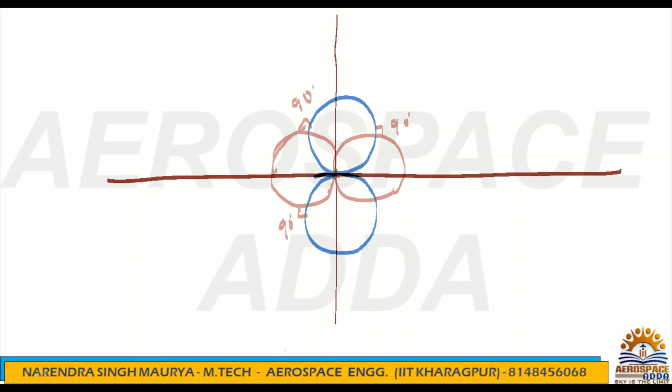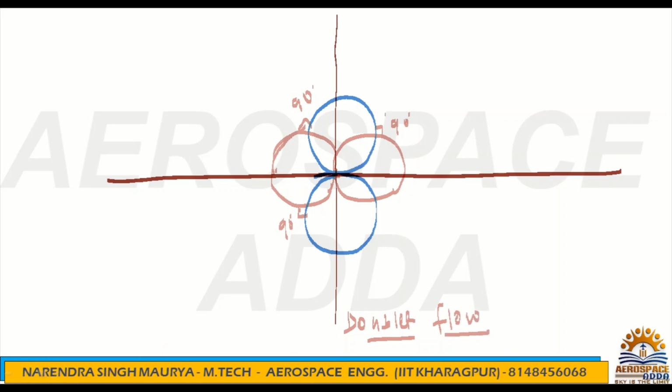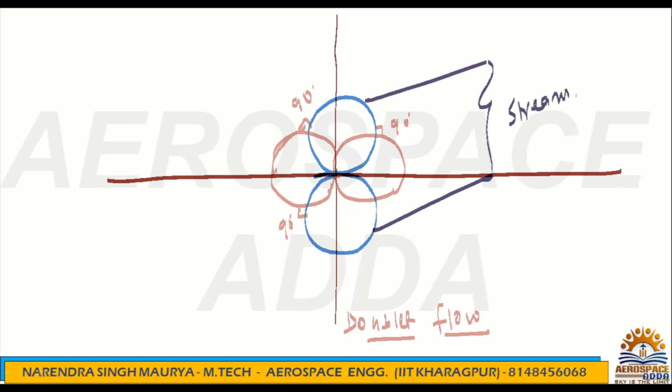So this is the doublet, and I have shown both patterns. This is very important and very interesting. These two are streamlines.